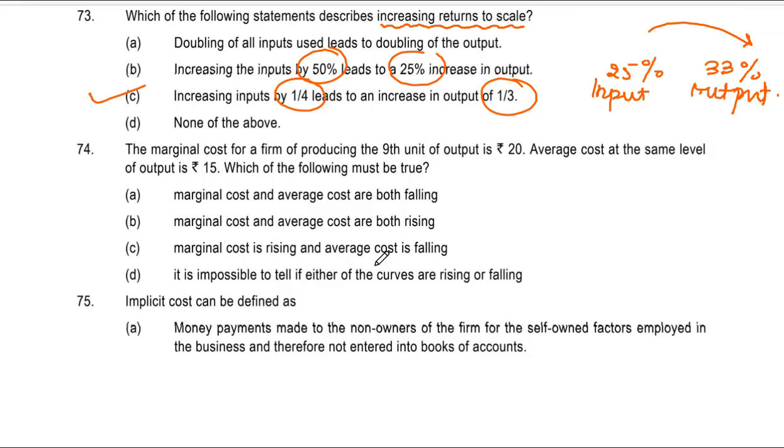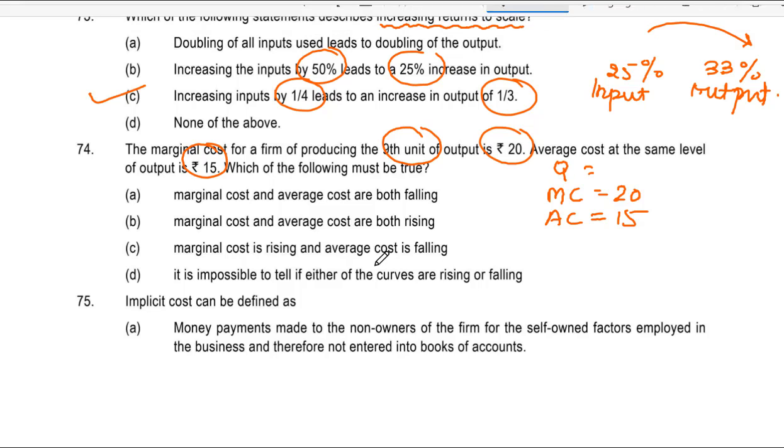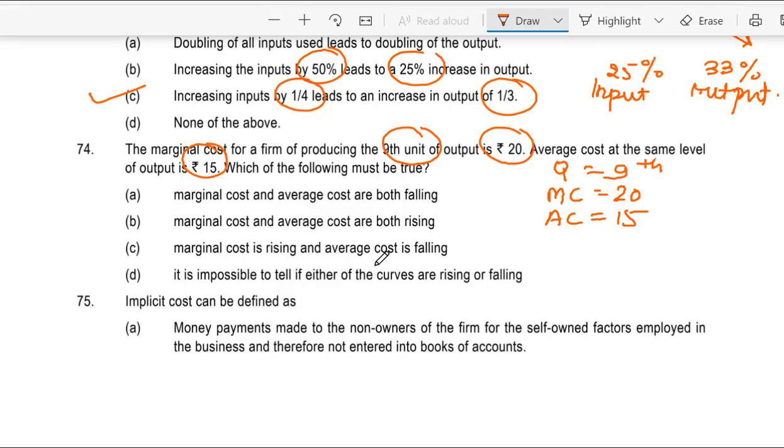The marginal cost for a firm of producing the 9th unit of output is 20. The average cost of the same level of output is 15. Marginal cost is 20. Average cost is 15. 9th unit. Which of the following is true over here? A. Marginal cost and average cost are both falling.